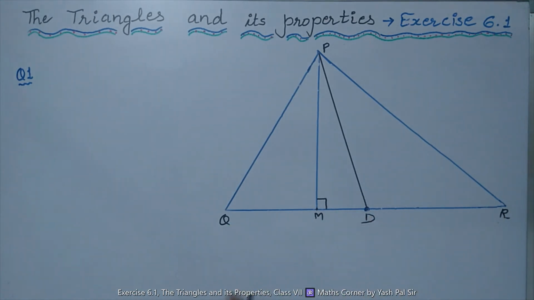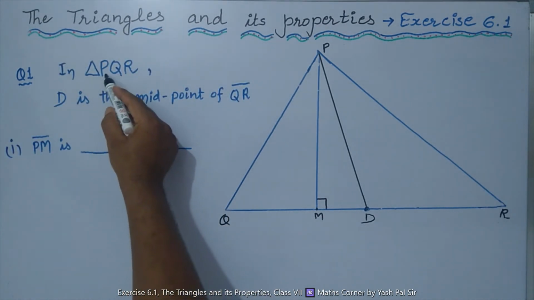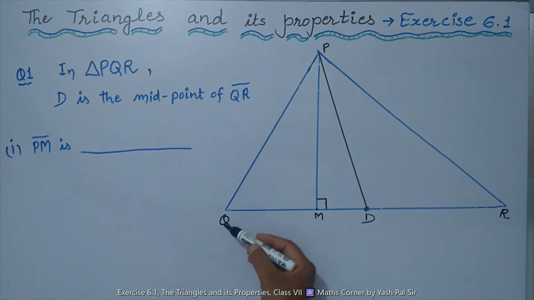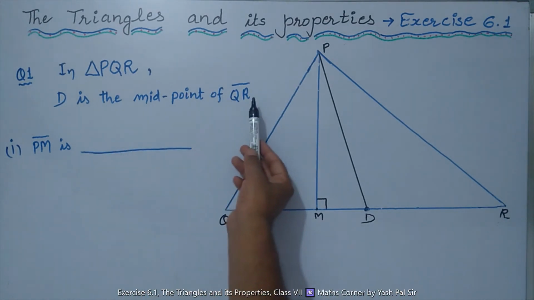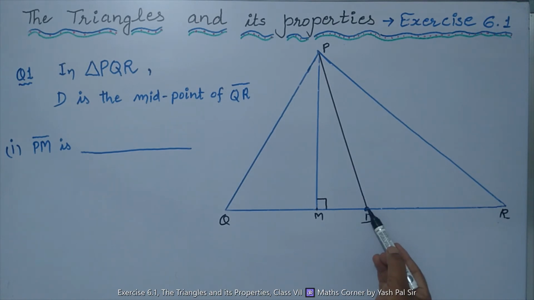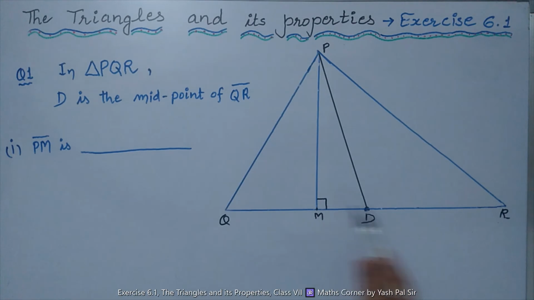This is given in the statement. What is given? PQR is the triangle and D is the midpoint of side QR, right?